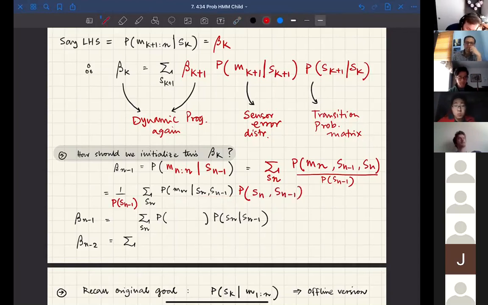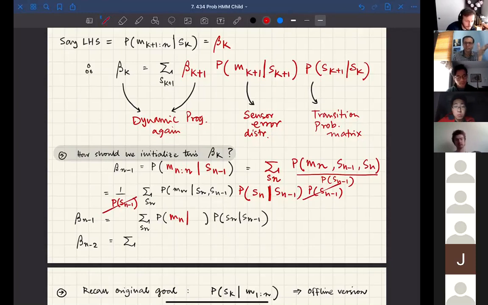Now P of sn, sn minus 1, that I can write as P of sn given sn minus 1. And what else do I need to write now? Probability of sn minus 1. Perfect. Does anything cancel? The probability of sn minus 1. So this is mn given, what should that be?